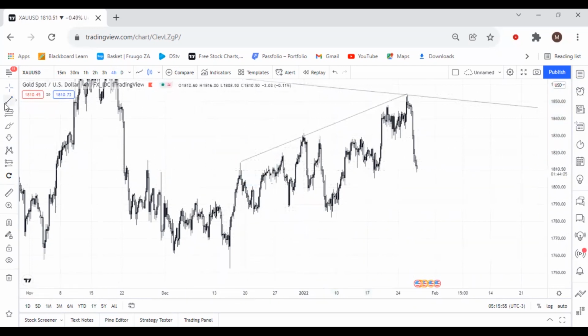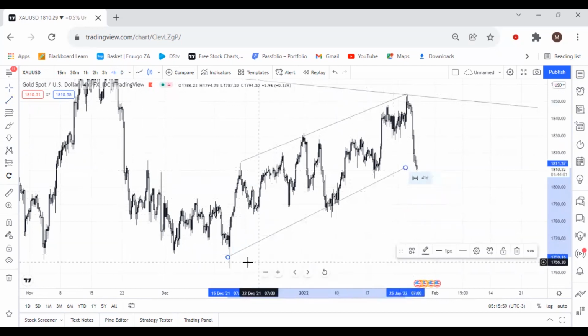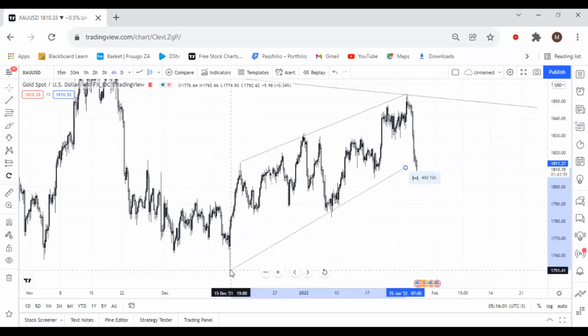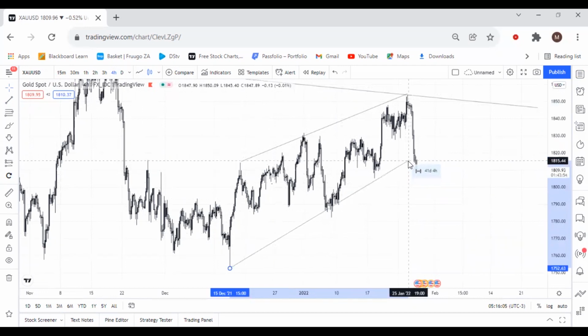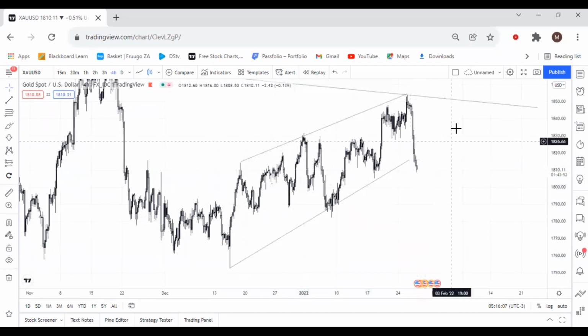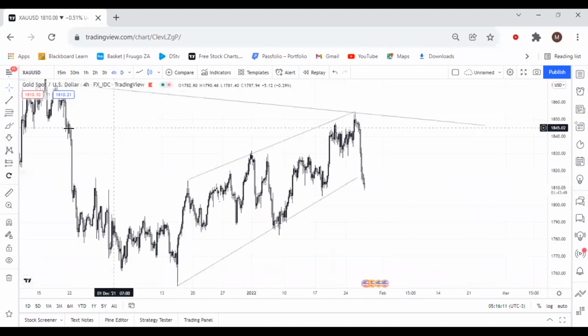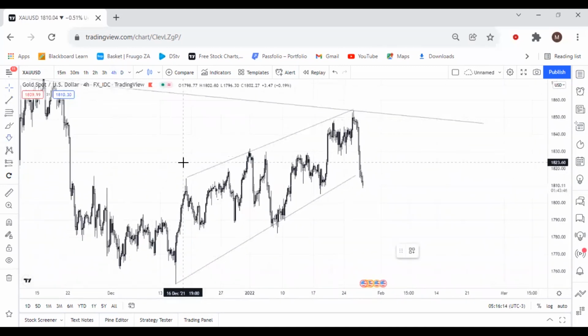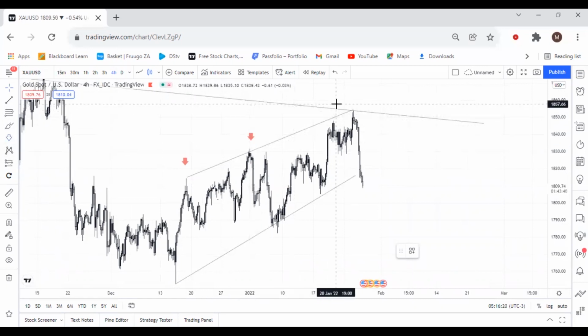As you can see, we have something like this, or you can adjust your lines according to your touches, but it doesn't matter. So as you can see, gold as well, it had this ascending structure where you had a couple of touches, 1 2 3, same concept.